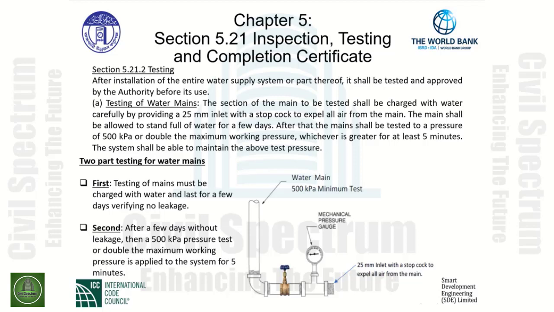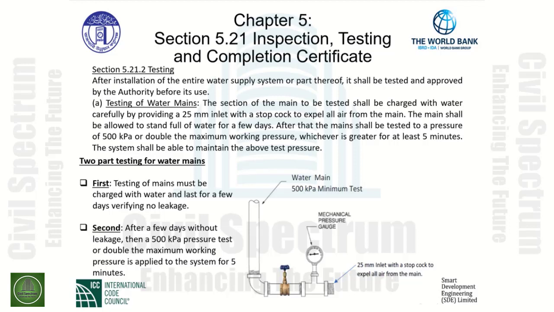Second, after a few days without leakage, we must provide a pressure of 500 kilopascals or double the maximum working pressure. Apply that to the system for 5 minutes and observe if there is any leaks in any joints, parts of the piping, things of that.